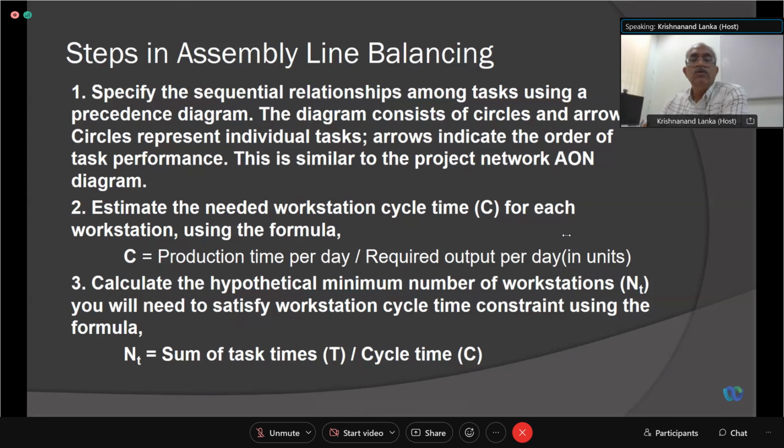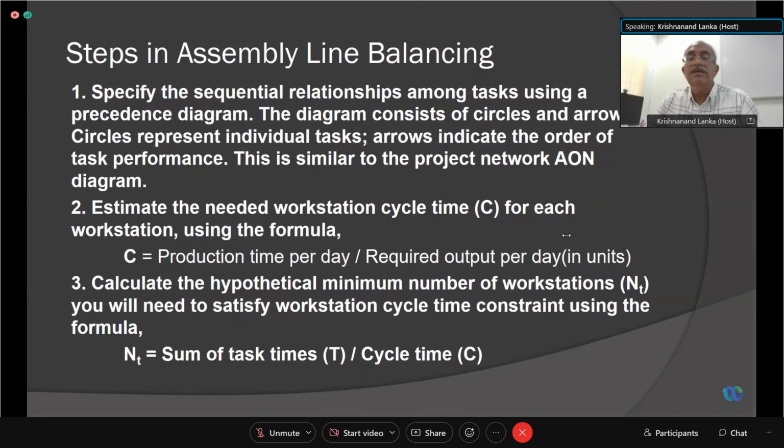So the first step in assembly line balancing is to specify the sequential relationships among tasks using a precedence diagram. I will tell you how that looks. The diagram consists of circles, and the circles represent individual tasks.